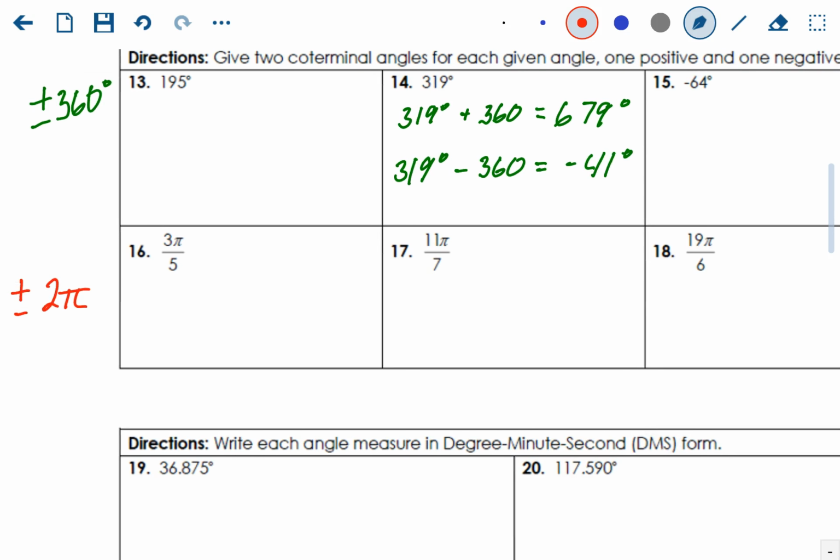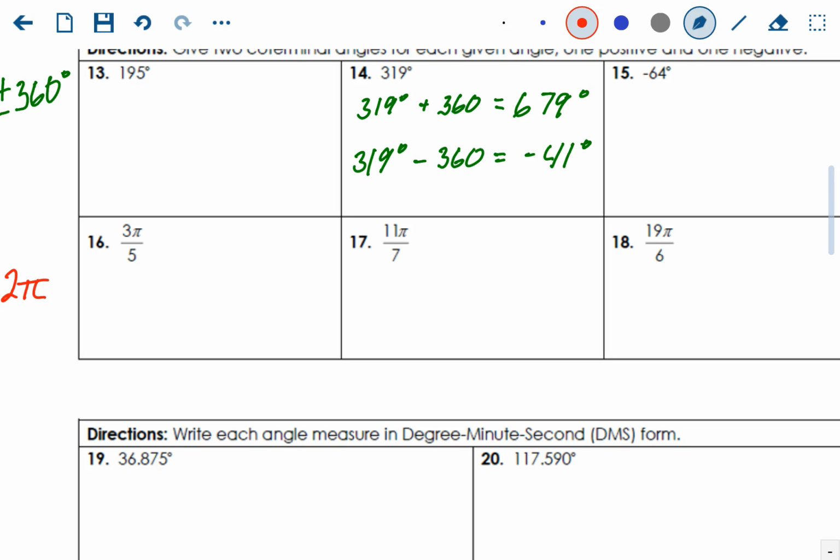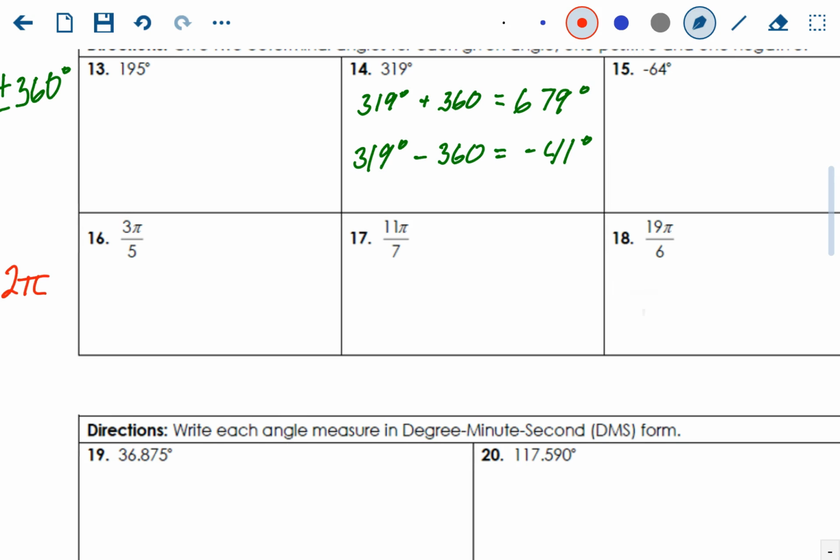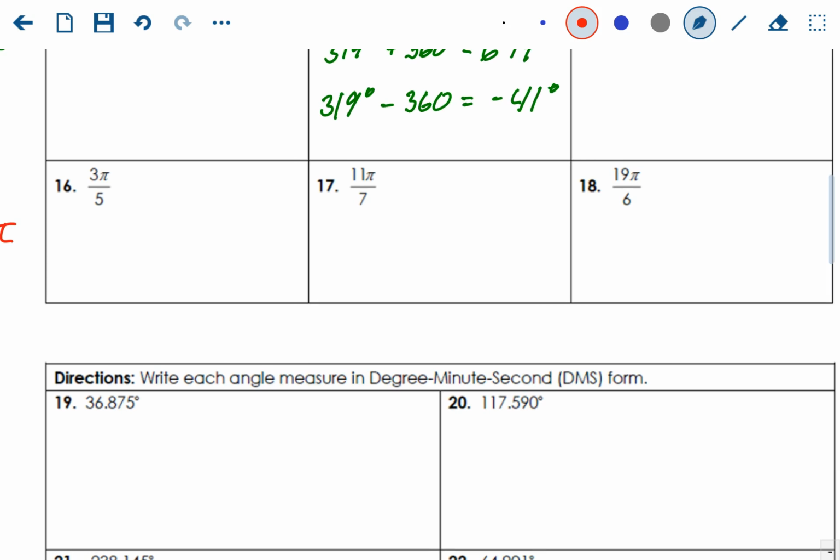If you're adding and subtracting 2 pi, we have a fraction, and adding and subtracting fractions is kind of hard. So what we're going to do instead is add and subtract 2 pi, but we're not going to write it as 2 pi. We know we need a denominator of 7, because when you're adding and subtracting, the denominators have to be the same.